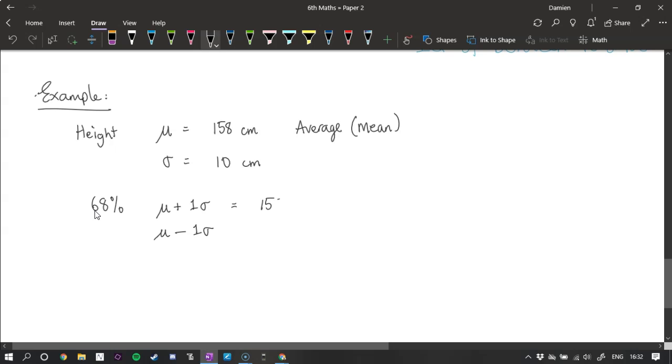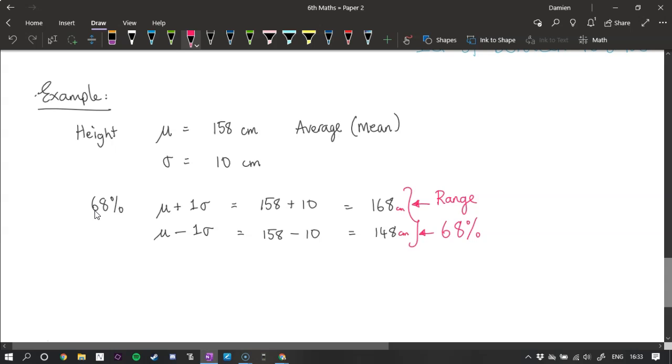So we do 158 plus 10, or we do 158 minus 10. So that gives us 168, and it gives us 148. Now again, try to think what this means. This is a range. And that means 68% of all people in the school are between 168 centimeters and 148 centimeters.